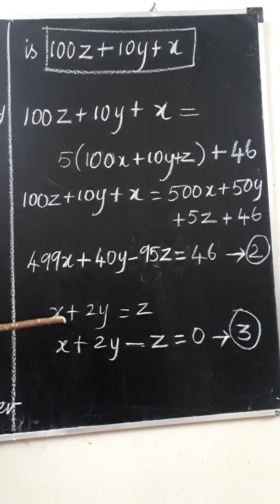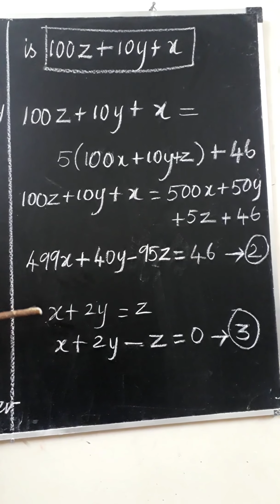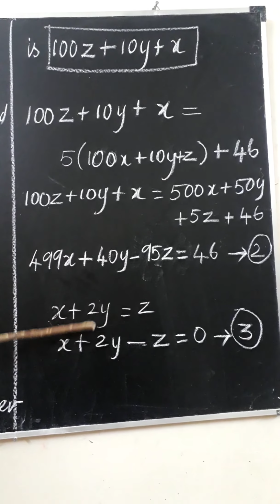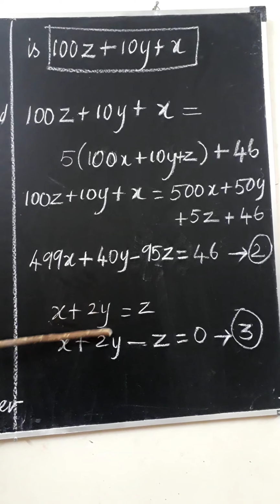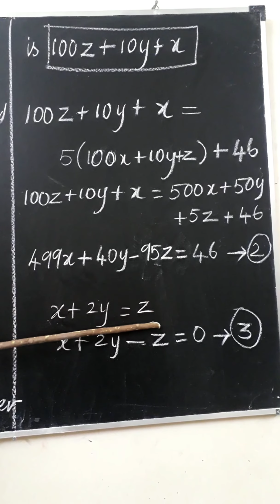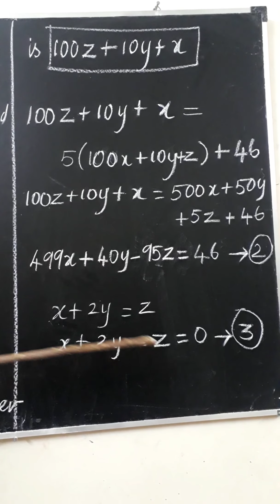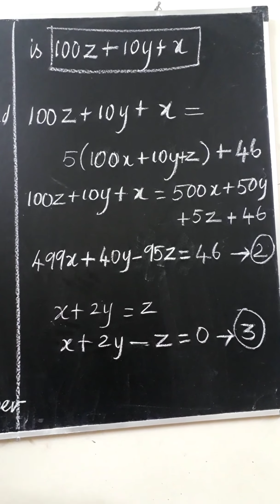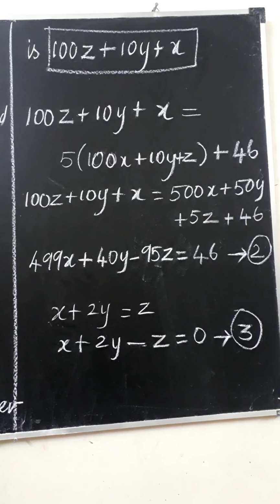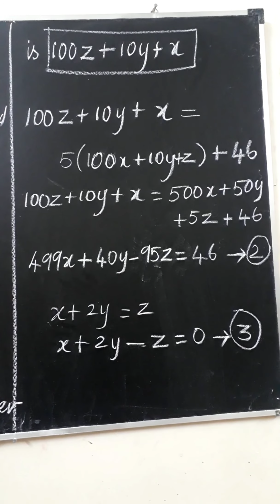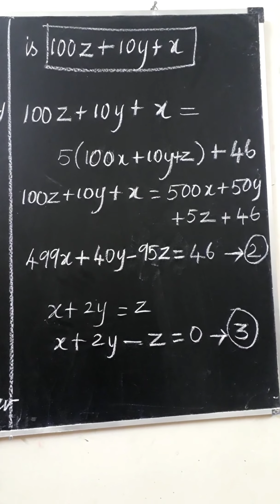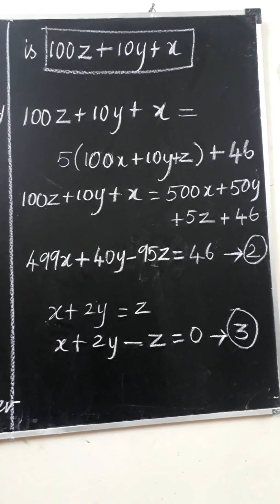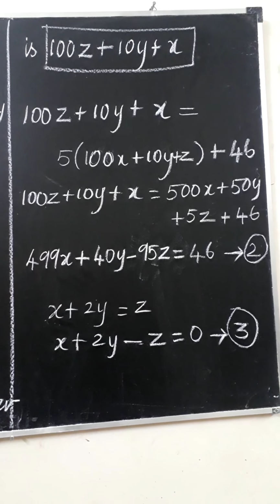The digit in the former number, that is the given number, hundreds place x, tens place y, twice y. When we add them up, that is equal to the digit in the units place. So we got the third equation: x plus 2y minus z is equal to 0. Now we have three equations in three variables. You have to take them in pairs, eliminate variables to get the fourth and fifth equations, solve them, and finally get the answer for x, y and z.